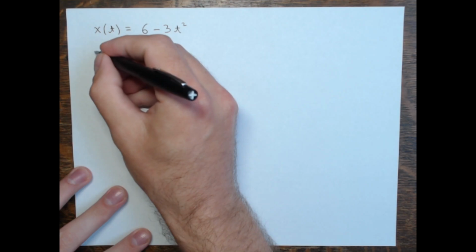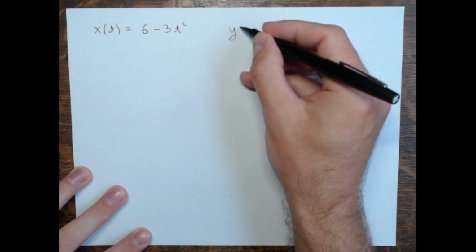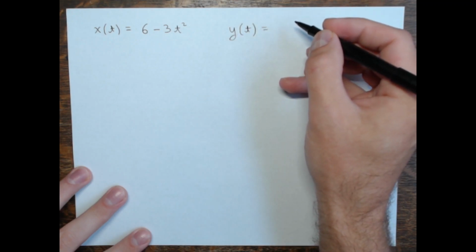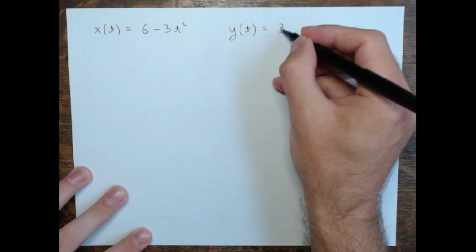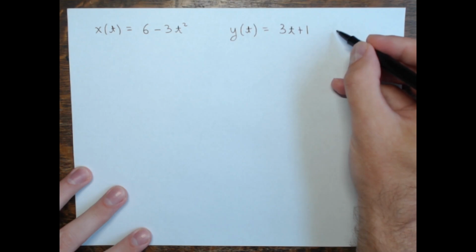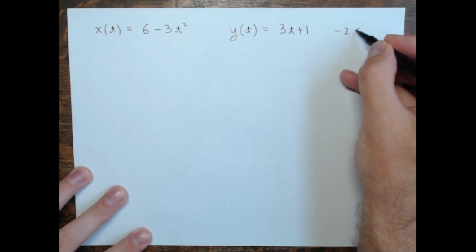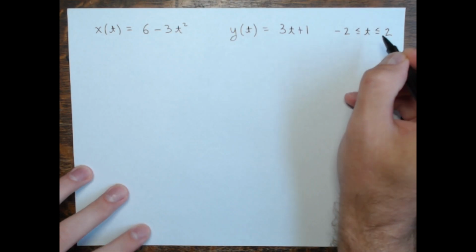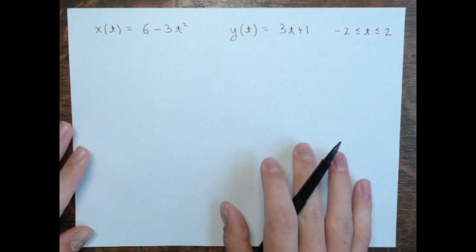Good. All right. And y of t is a linear function, 3t plus 1. And they told us the value of t is going from -2 to +2, including the ends, right?